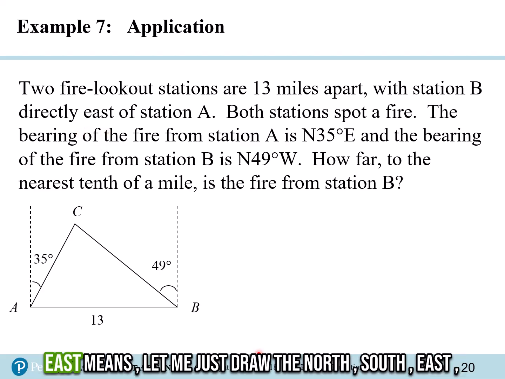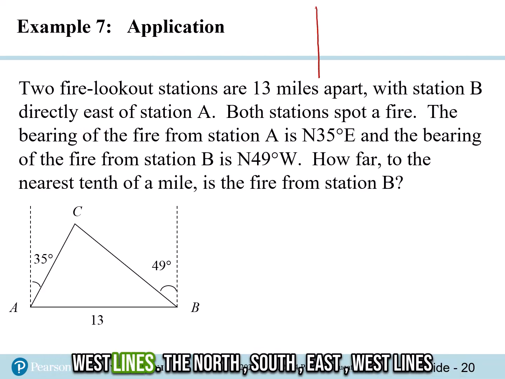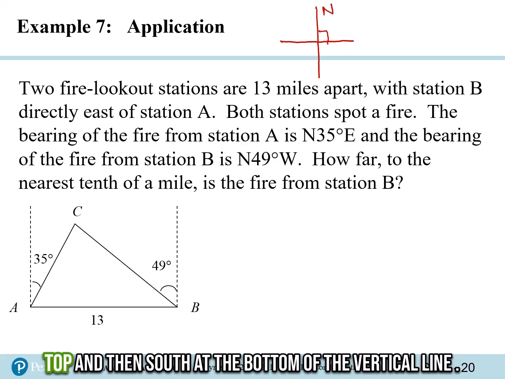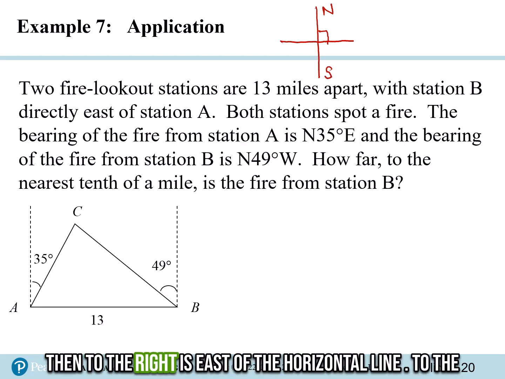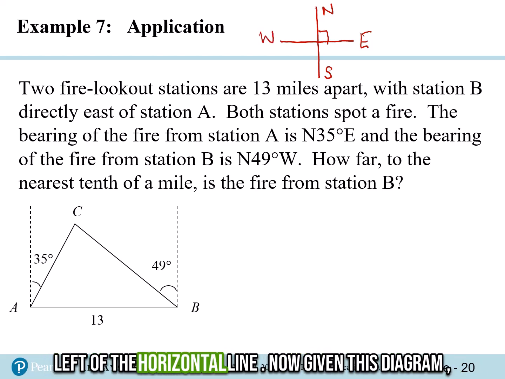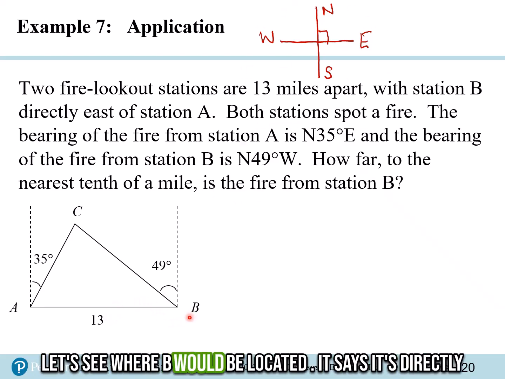Now, directly east means, let me just draw the north, south, east, west lines. The north, south, east, west lines intersect each other at right angles. We have north on top and then south at the bottom of the vertical line. Then to the right of the horizontal line is east, and west is to the left of the horizontal line. Now, given this diagram, let's see where B would be located.